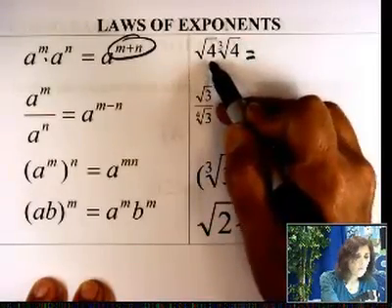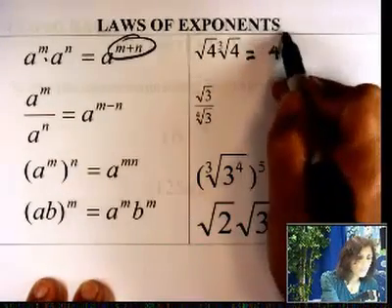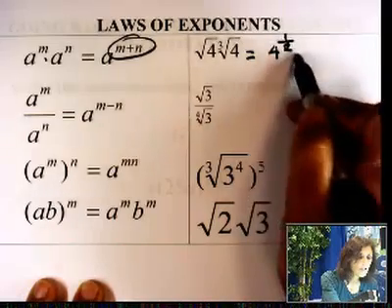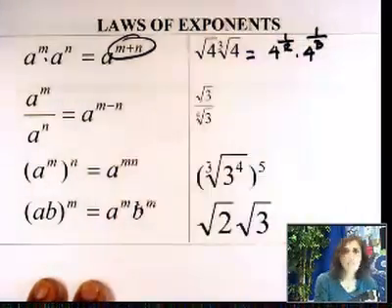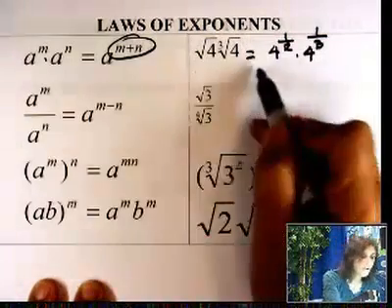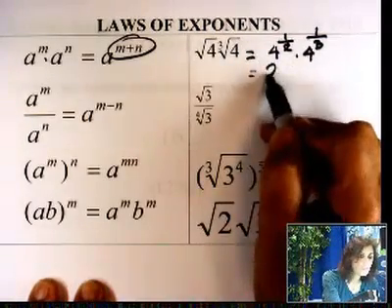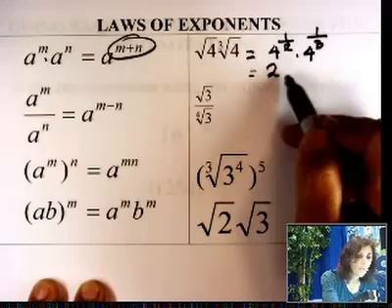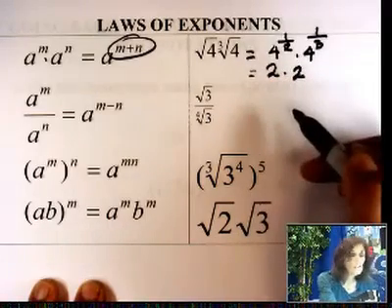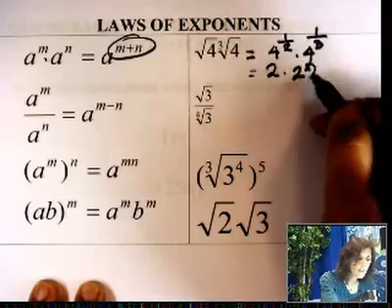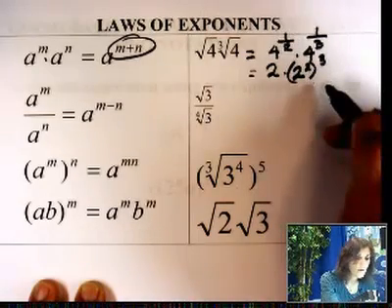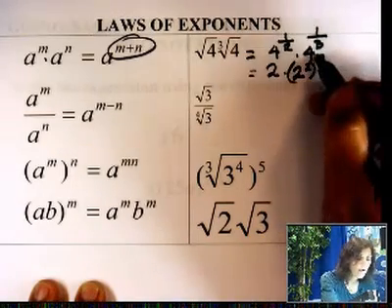You can go 4 to the 1/2 times 4 to the 1/3. Okay? So I know 4 to the 1/2, that's 2. 4 to the 1/3 is 2 squared to the 1/3 power, I'm sorry.